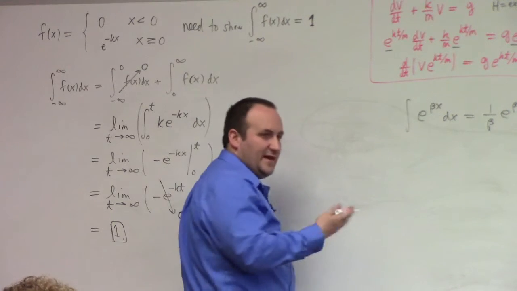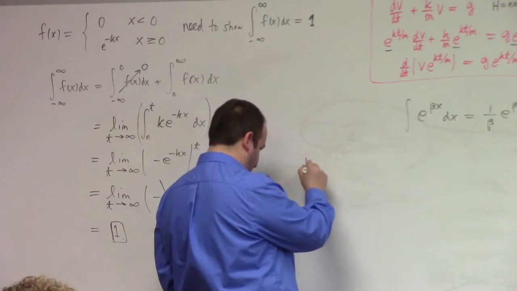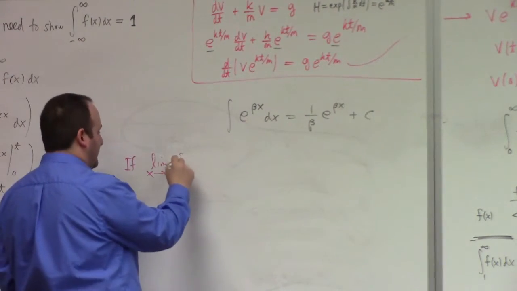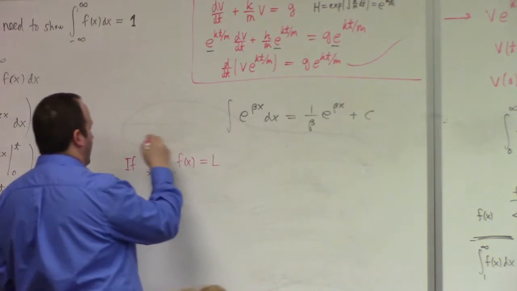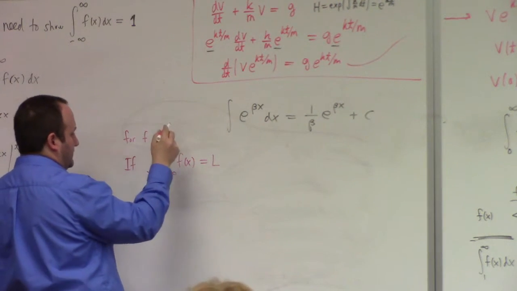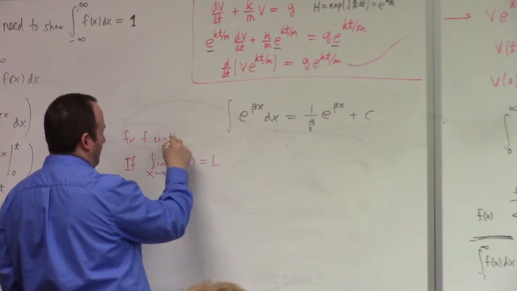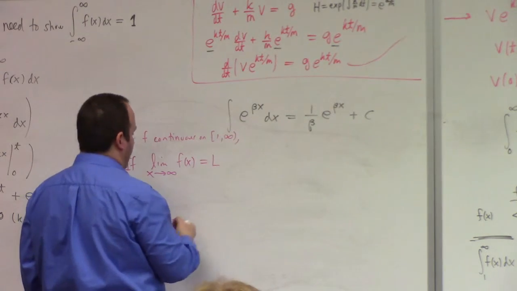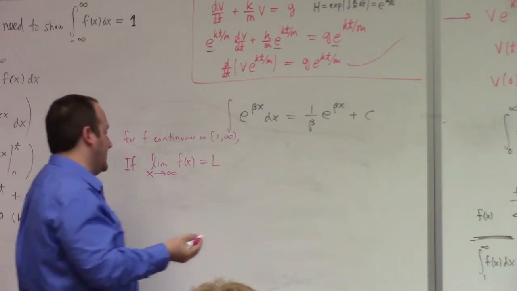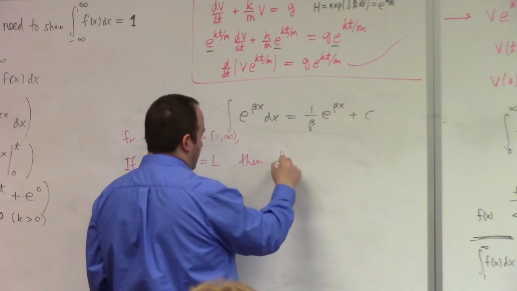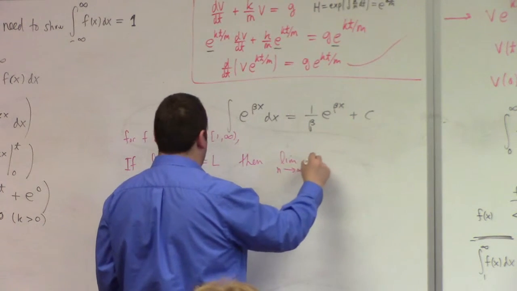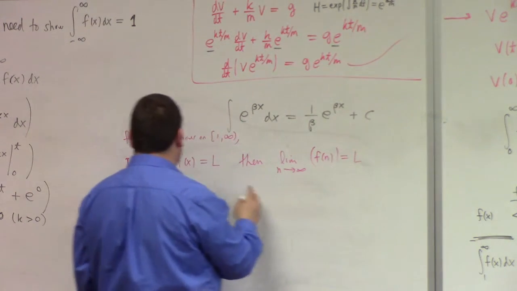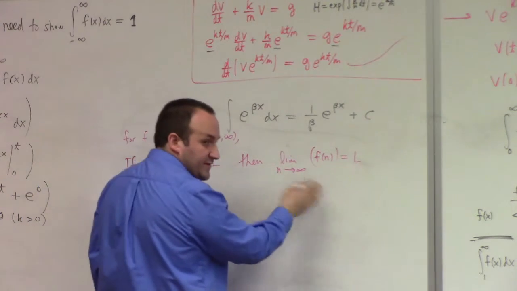a theorem which is not too hard to prove, which is that if the limit as x goes to infinity of f of x is equal to L, and here I'm saying for f continuous on, let's say, 1 to infinity, then the limit as n goes to infinity of f of n is equal to L. So here I'm contrasting, of course, continuous limit with a sequential limit.